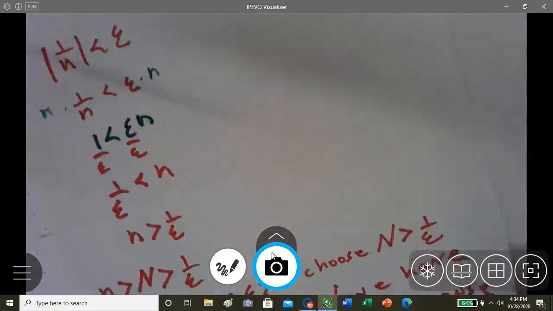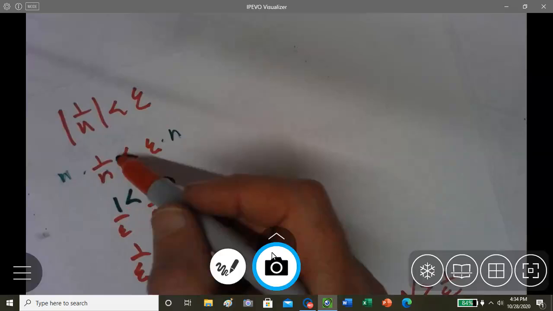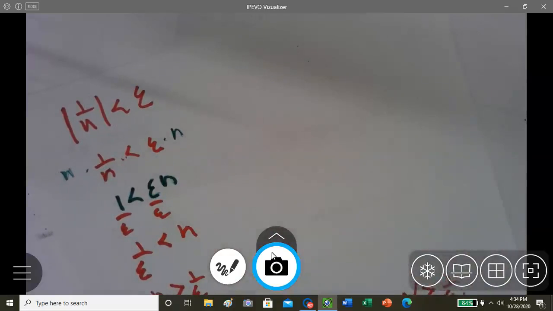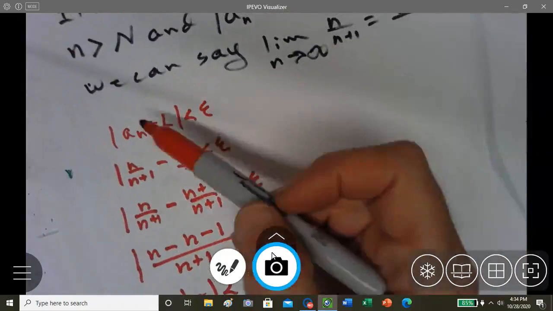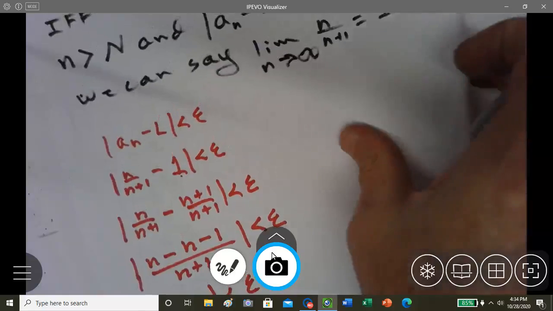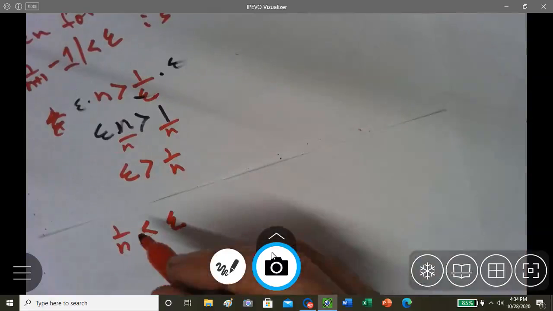So basically we've gotten the same position as where we were here. So we're working backwards in this sequence, and eventually we're working backwards up to here. And this is the proof part.